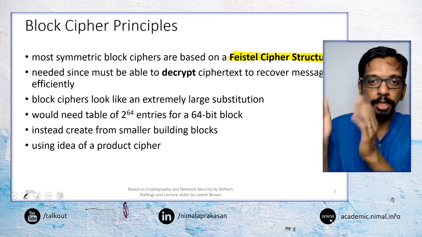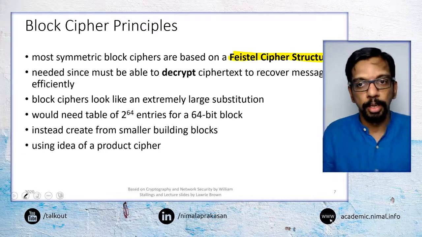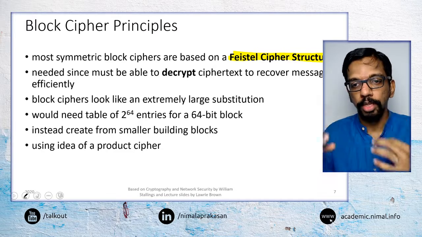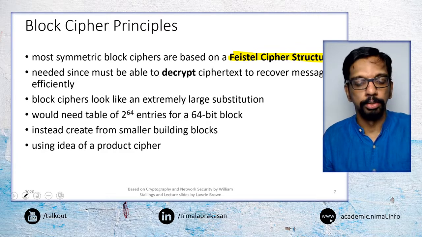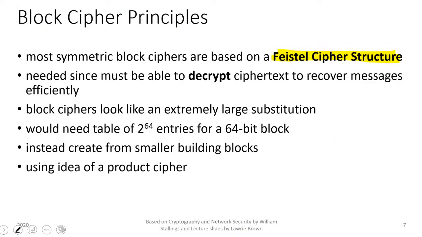We take the message in as blocks, break it into these blocks, and use what is called the Feistel cipher structure to do that. The basic idea of the Feistel cipher structure can be illustrated as follows.